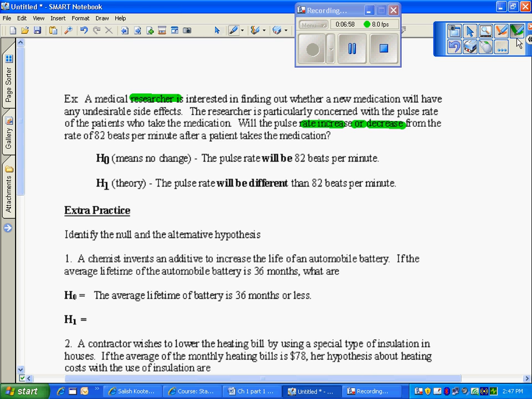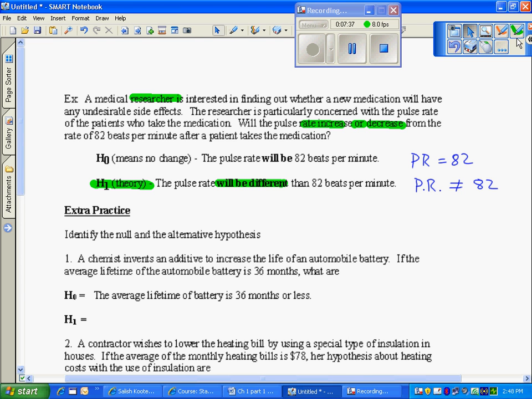The researcher's theory, his or her theory, is the alternative. Notice, it will be different. In other words, mathematically, they're saying the pulse rate will not be 82 beats per minute because of the medication. Now, we're believing that the medication does not or will not affect the pulse rate, so we believe it's status quo. We're believing that the patient will have a pulse rate of 82.